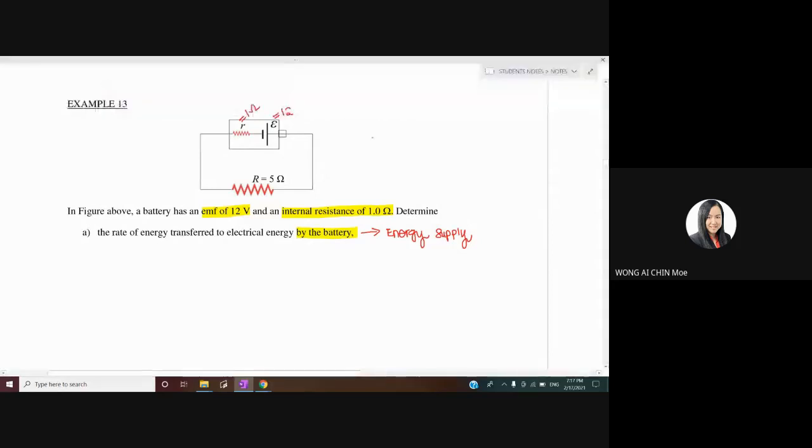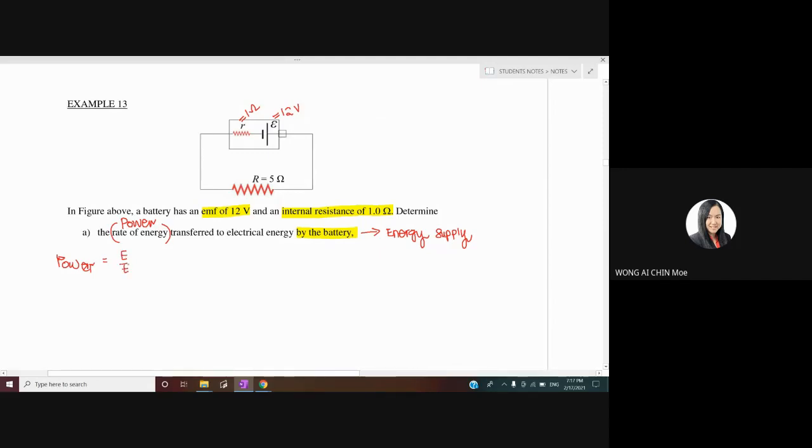The rate of energy actually refers to the power. Rate of energy, meaning the power, equals energy over time. So this is what they want to find.